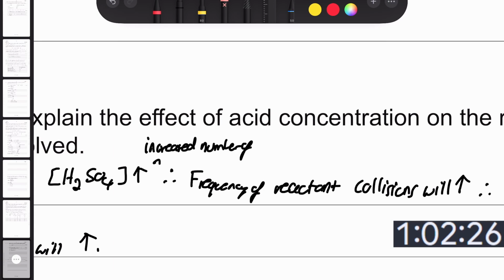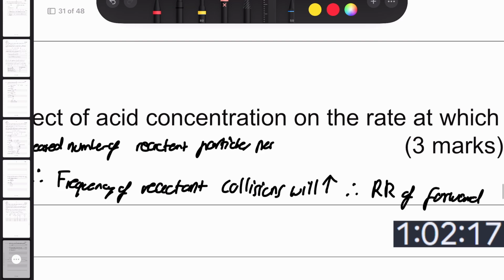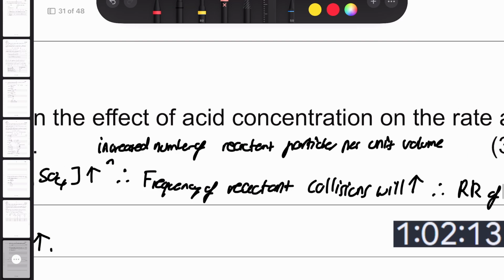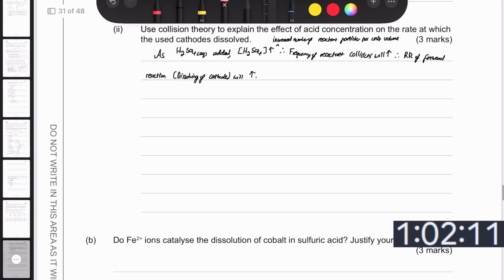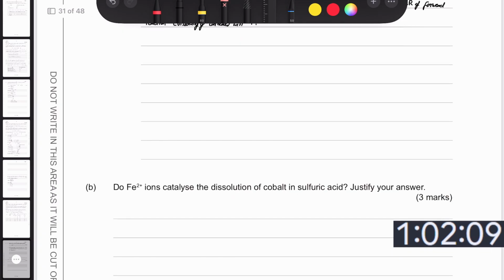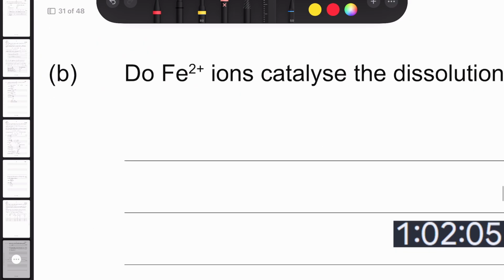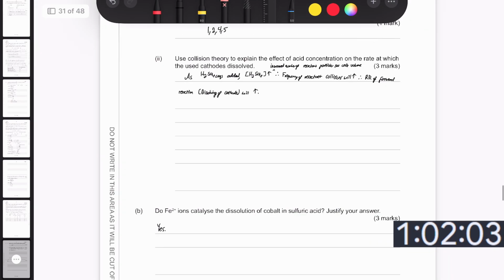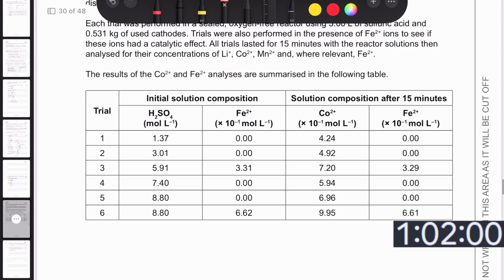number of reactive particles per unit of volume, frequency of reactions. Fe2+ catalyzes the dissolving of cobalt in sulfuric acid.